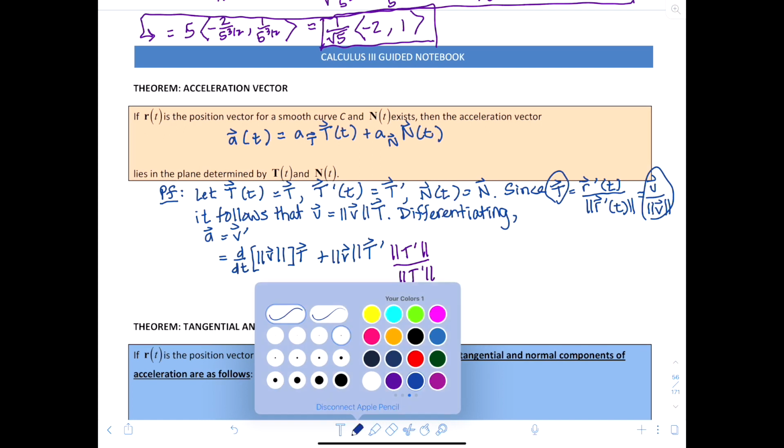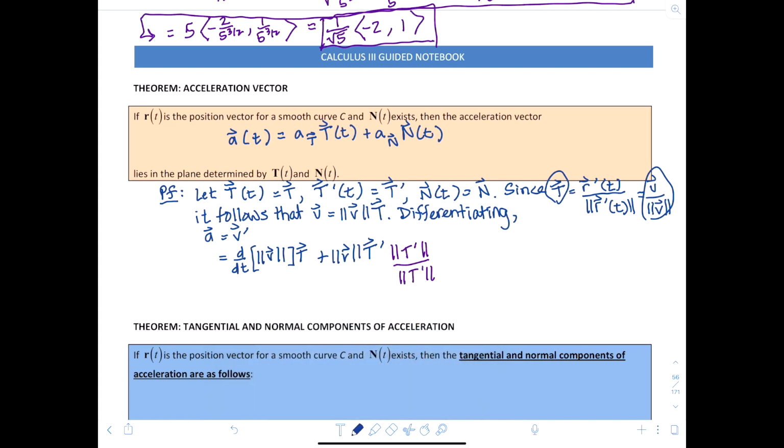We're going to end up with d dt of the magnitude of v times the vector T, plus, and notice that T prime over the magnitude of T prime is going to be our N vector, isn't it?